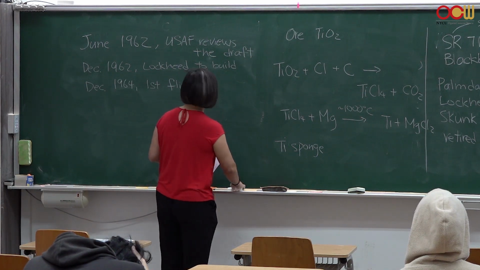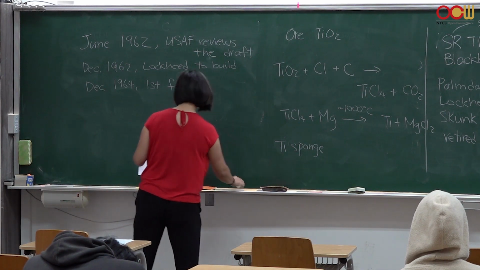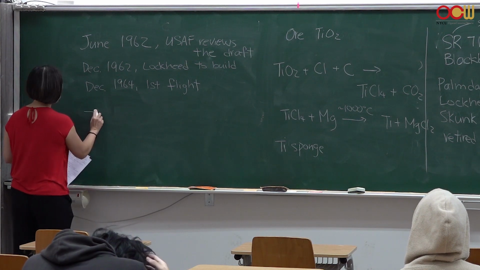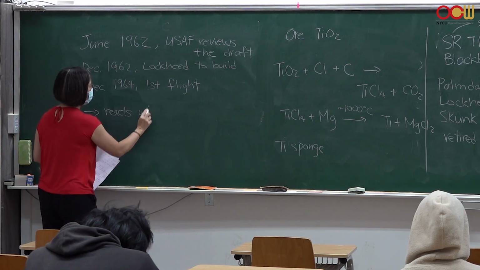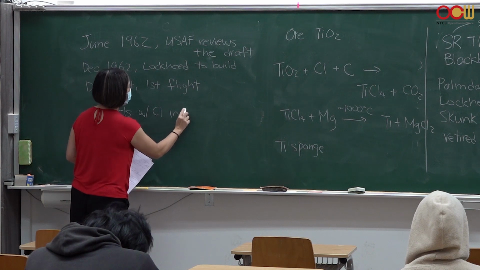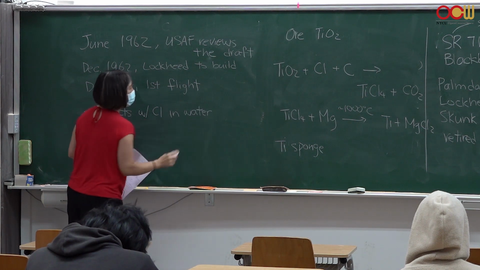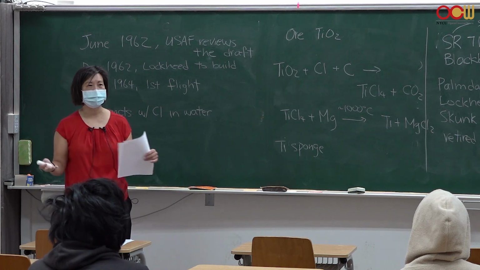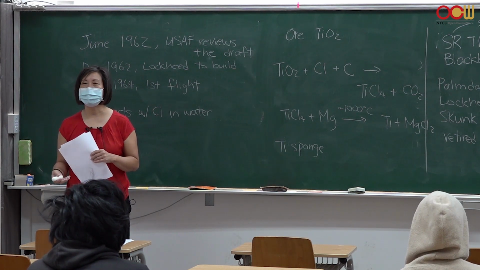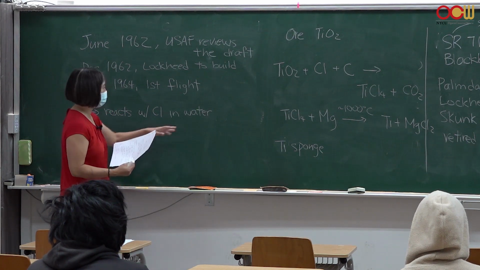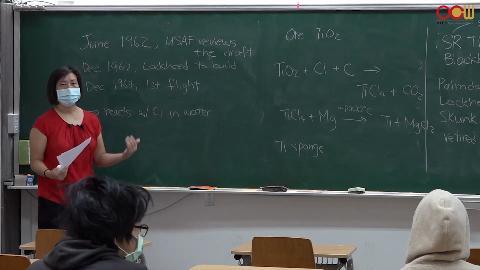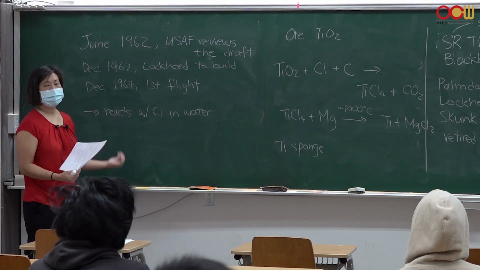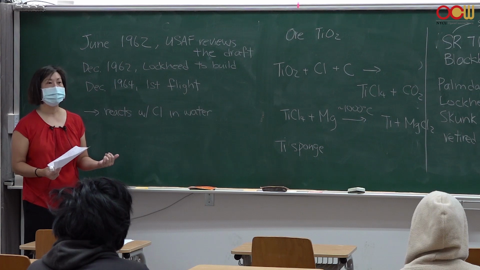And other things that they found out along the way is that titanium reacts with chlorine in water. So they were using water to cool down things that they were building, and they realized that you were getting titanium chloride, and it becomes brittle, and so they had to use distilled water in everything that they did.